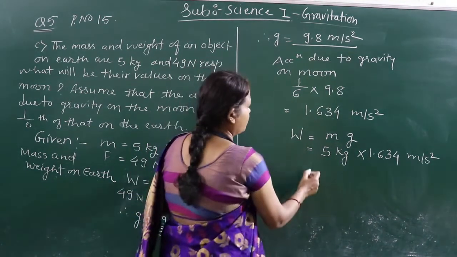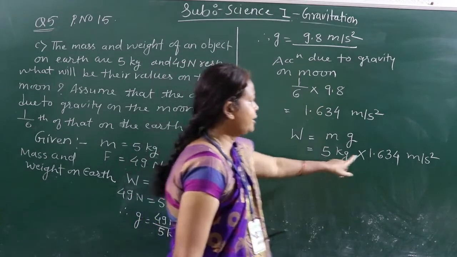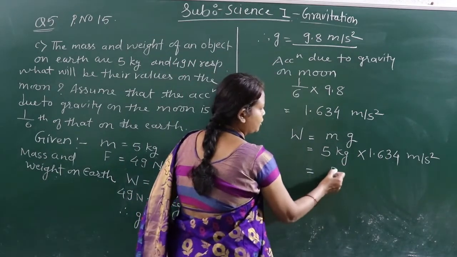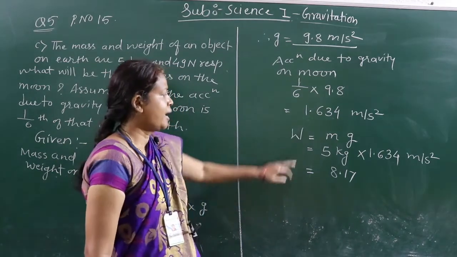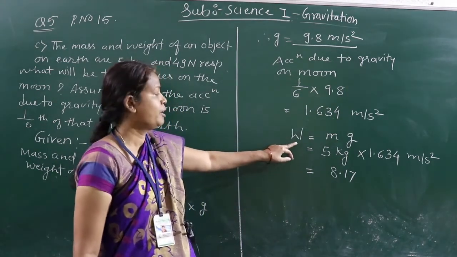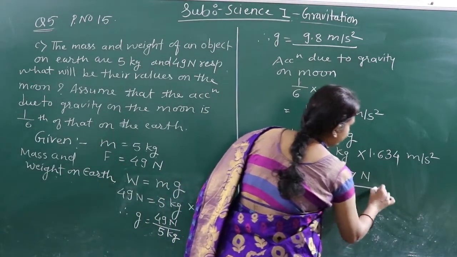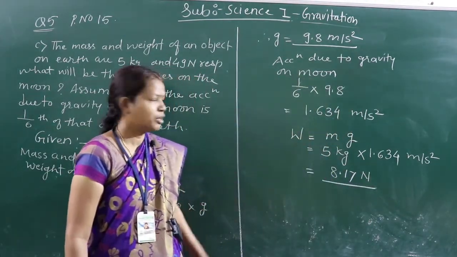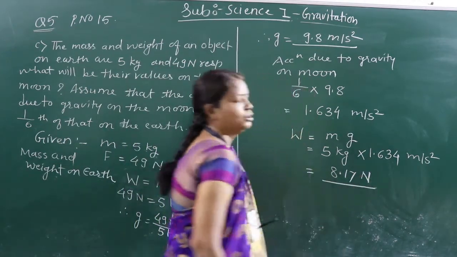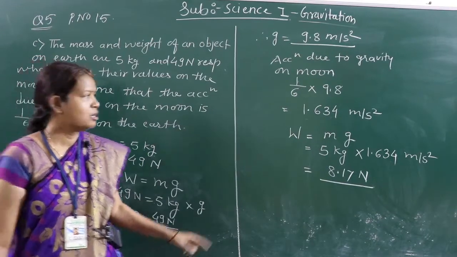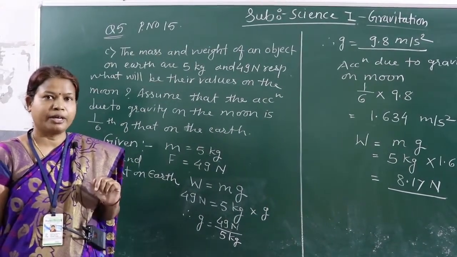Now you have to calculate this. After calculation you get a new value, that is 8.17, and definitely we have to find the weight, so its unit is Newton. The unit of weight is Newton. So, got the answer? Students, you all write these problems in your regular Science 1 copy. Okay, thank you.